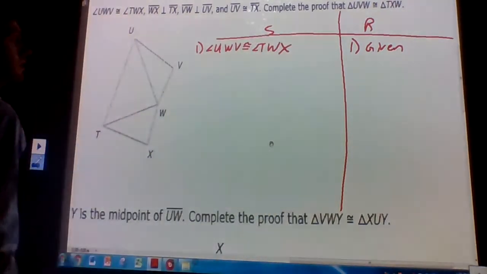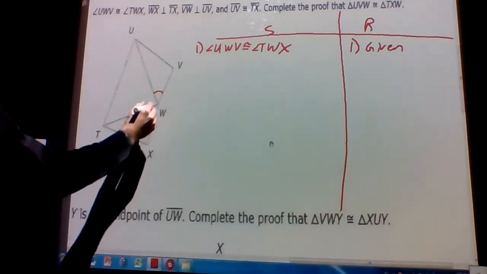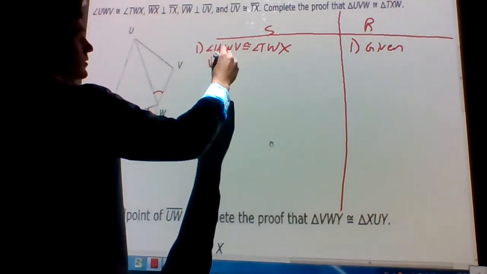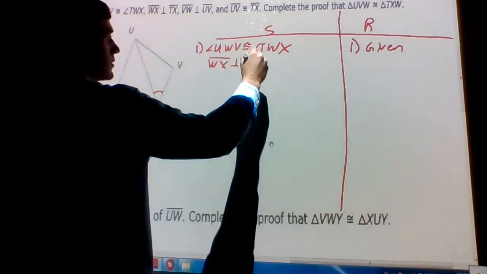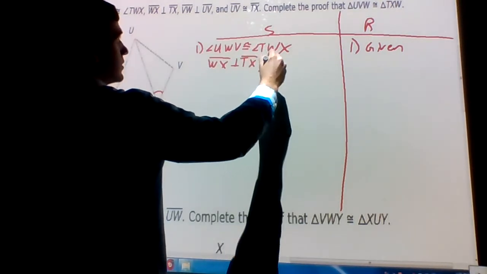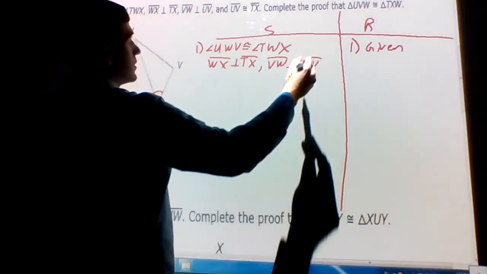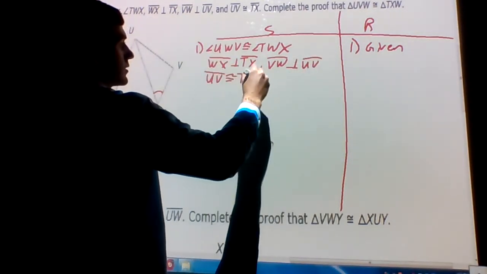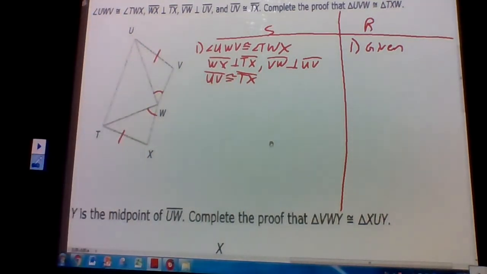So let's mark that. We also know that WX is perpendicular to TX, and VW is perpendicular to UV, and we know that UV is congruent to TX. Okay, so we can mark that.